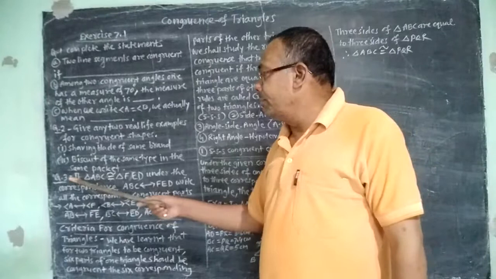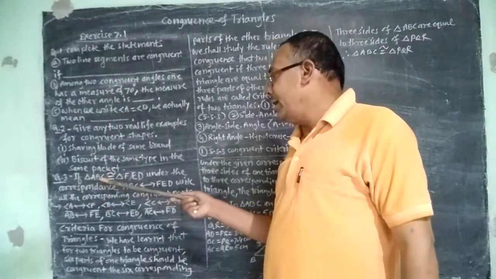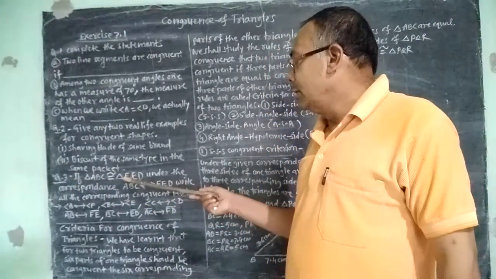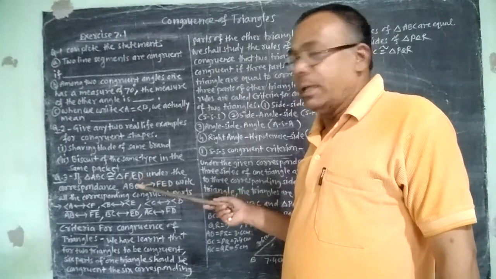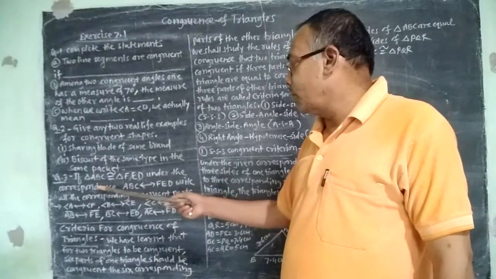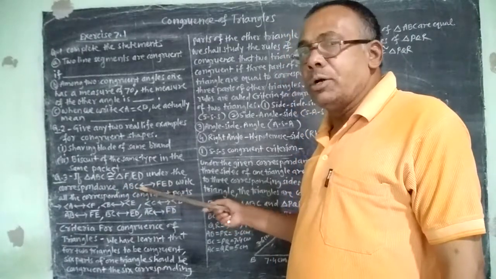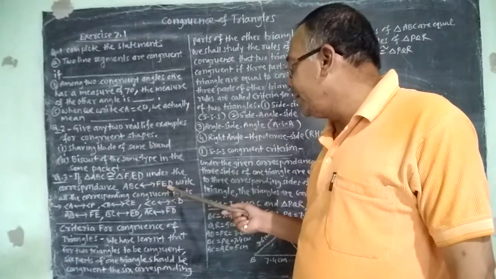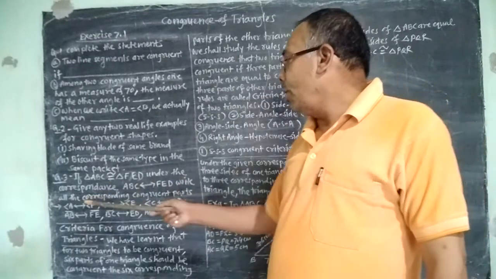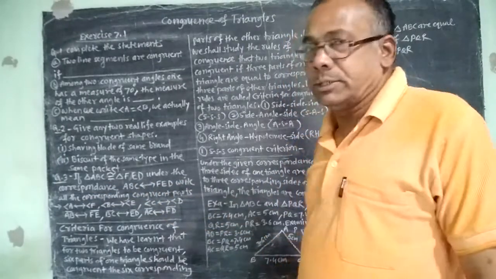Now question number 3 is, if triangle ABC is congruent to triangle FED under the correspondence ABC one-to-one correspondence FED, write all the corresponding congruent parts.